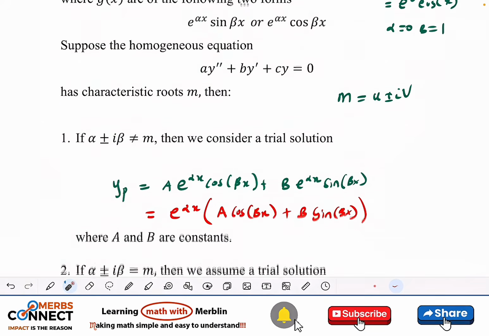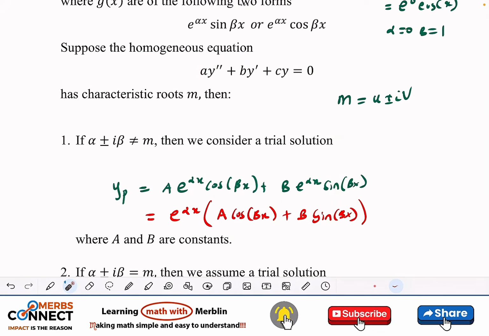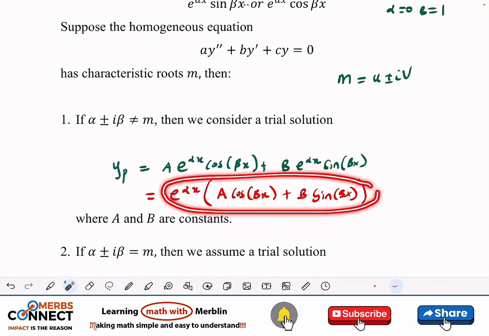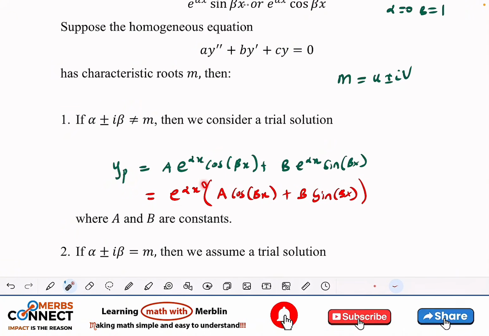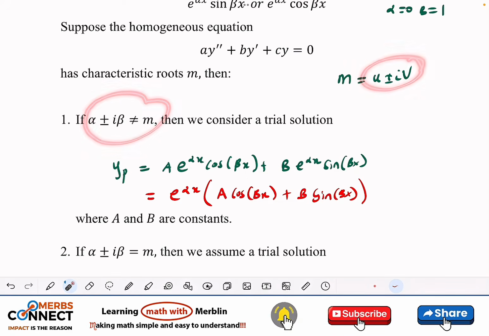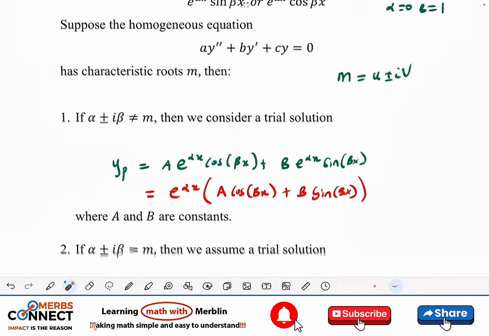When you consider the homogeneous aspect and find the characteristic roots, this is the general solution that we write. And that is basically the same as the particular solution here when this and this are not the same.